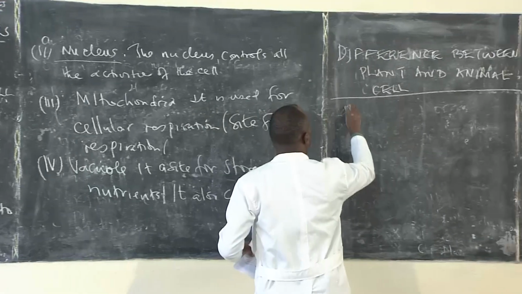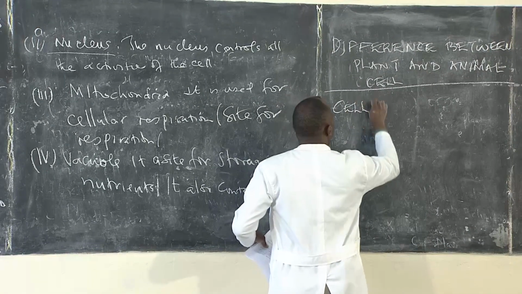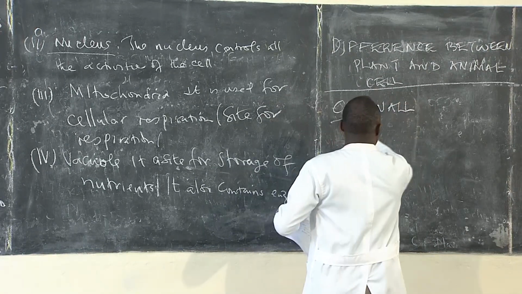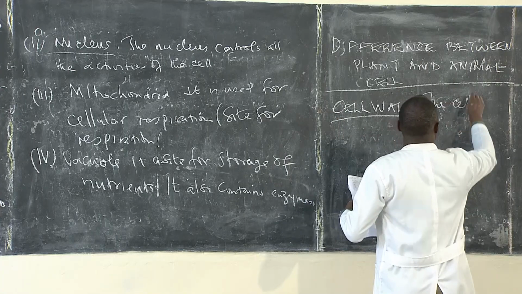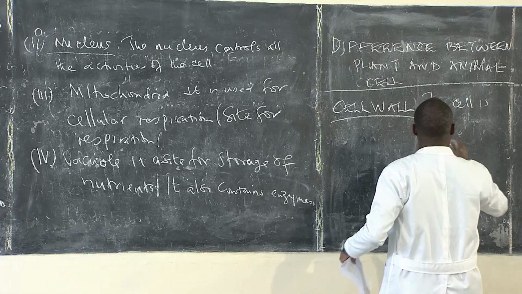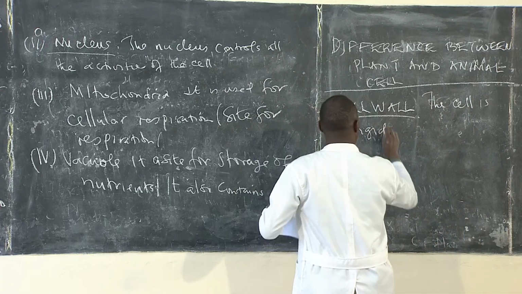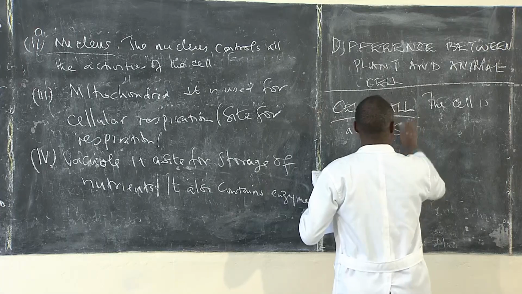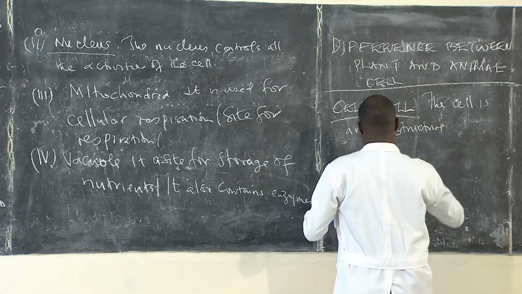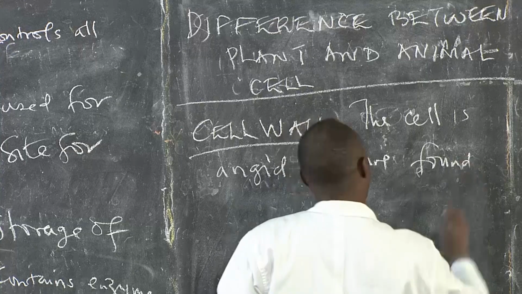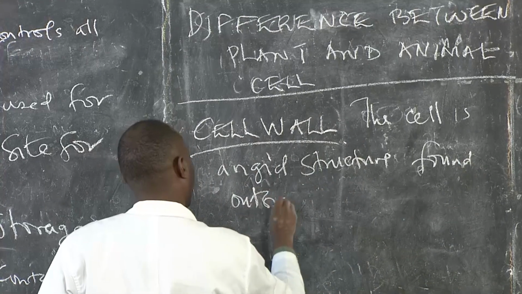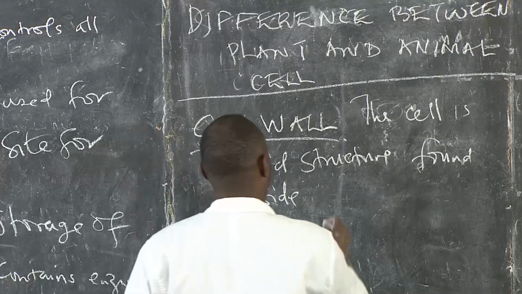Let's talk about the function of the cell wall. The cell wall is a rigid structure found outside of plant cells.